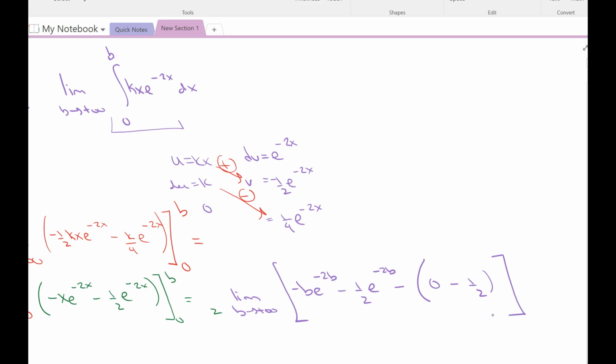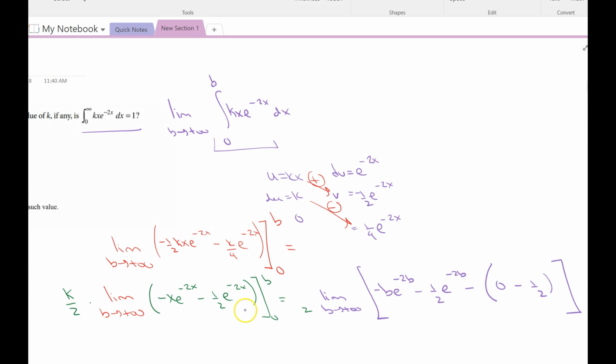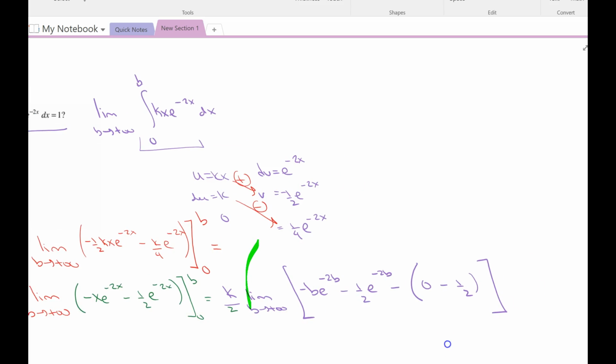For some reason my k over 2 erased itself, so it's k over 2 times this whole thing here, in a big parenthesis.